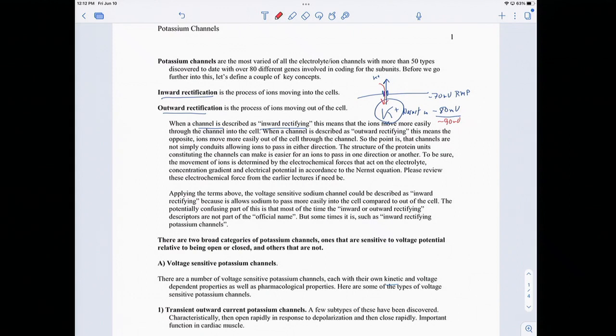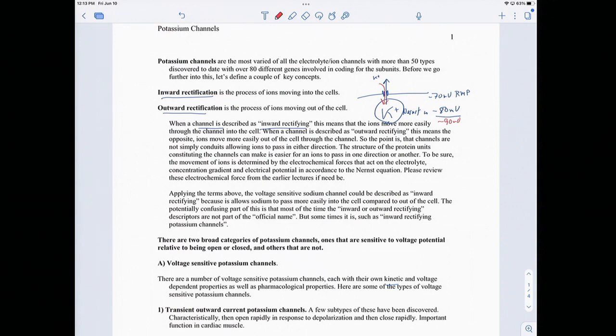So the direction of the potassium is driven by whether you're above or below the reversal potential. Now, I've said this before, but why do they call it reversal potential? Because when a membrane is at a particular ion's reversal potential, there's no net movement or no net force acting on it, so you would get no current from that ion if the membrane is sitting at the reversal potential, or the Nernst value, for that particular ion.